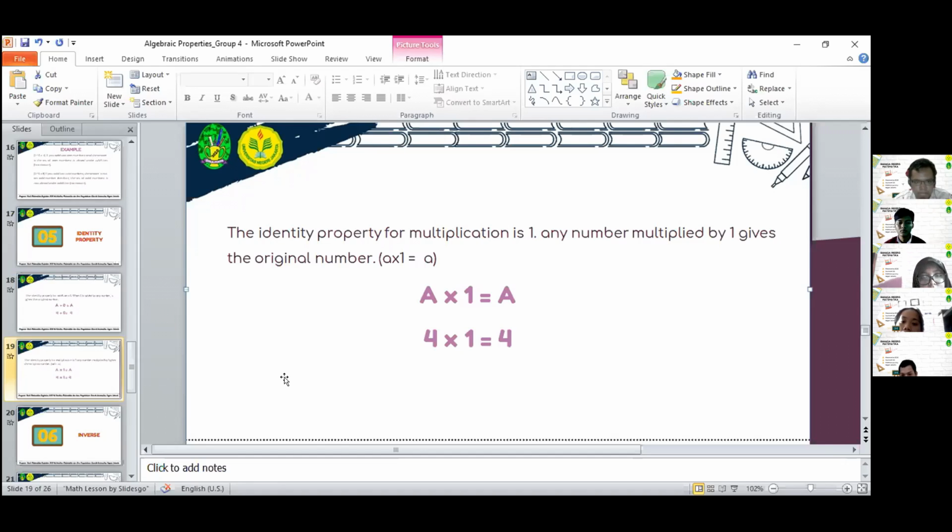But when we talk about addition, the identity property that we use is 0 because any number being added by 0 will produce itself. Like for example, 4 plus 0 is 4, like that. Do you understand what I mean, Vicky? Okay, thank you. You're welcome.